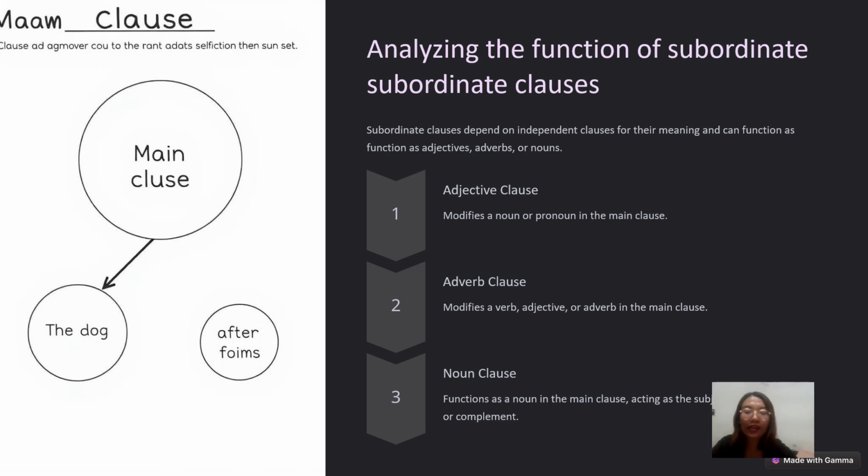The next is noun clause. Here a subordinate clause can act like a noun, serving as the subject, object or complement of the sentence.